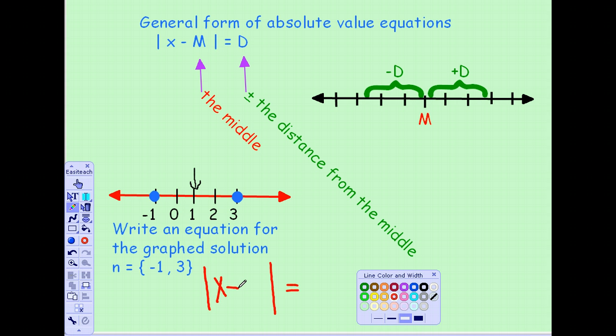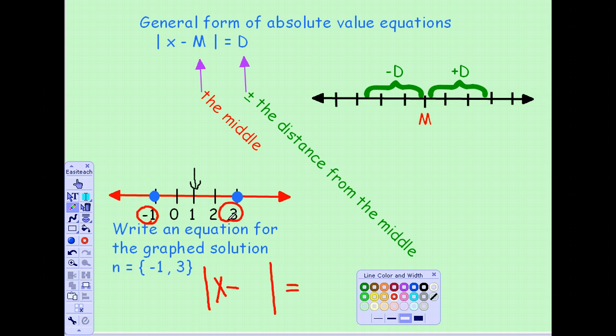So we're going to set them up all the same way. We're going to start with an absolute value, and we're always going to start with x minus something, okay? So we're going to look at, we know the answers are -1 and +3.